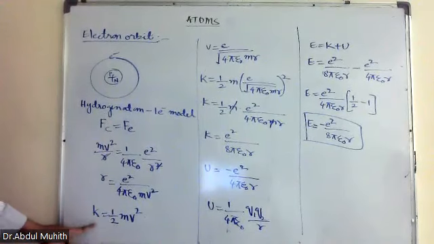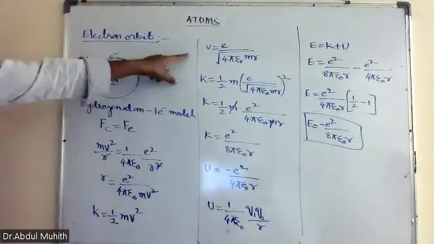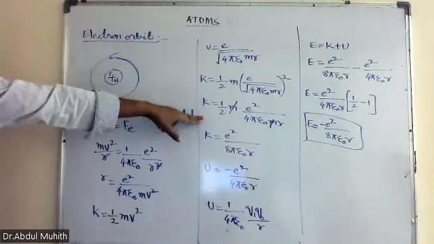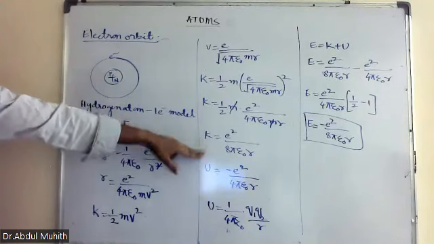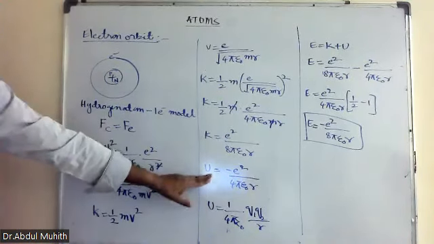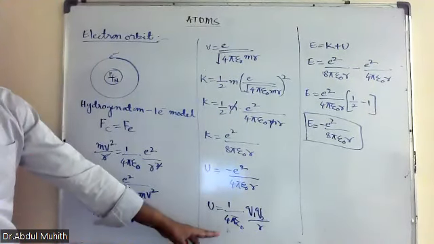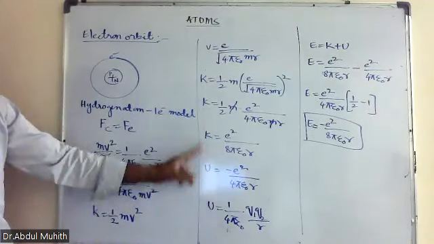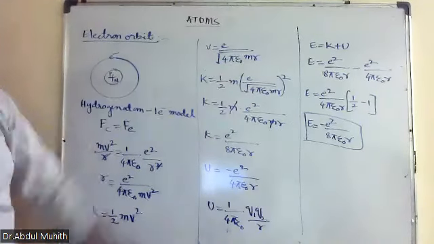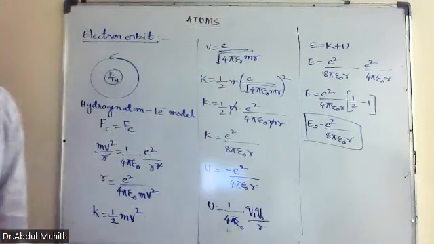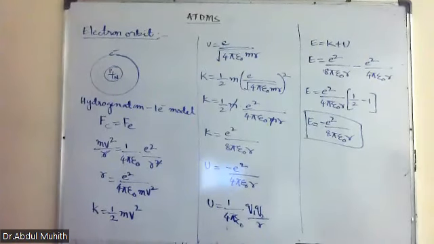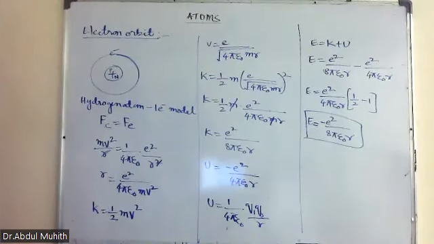Kinetic energy is half mv square; we have the V value here, so just square it and we get the kinetic energy value. And the potential energy we got from the second chapter. Now you have kinetic and potential, so we add both of them to get the final answer. Clear? Okay, please note this down.